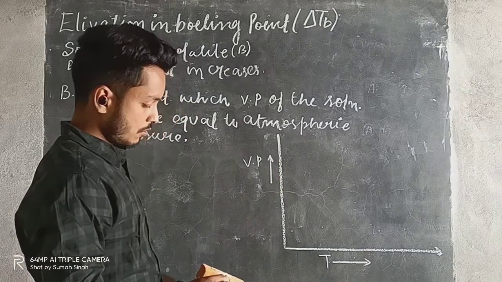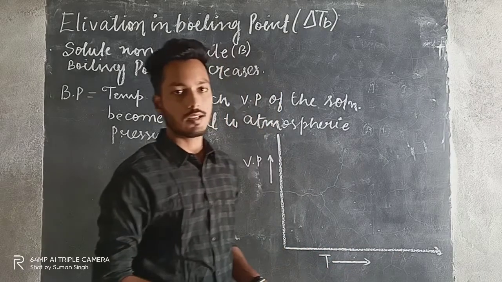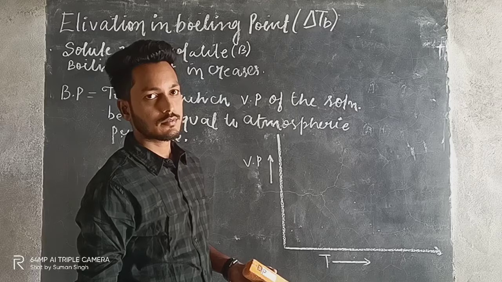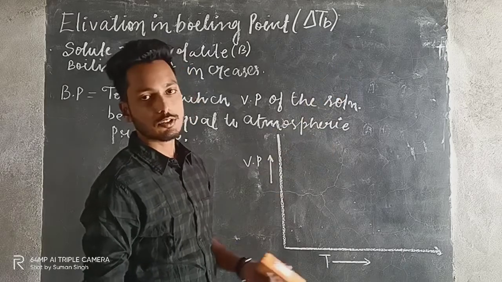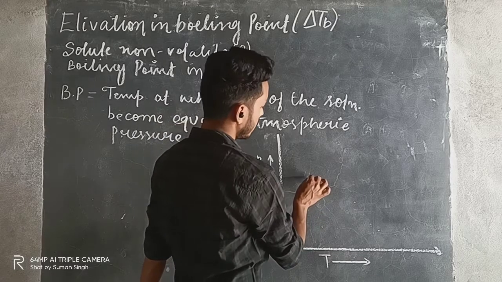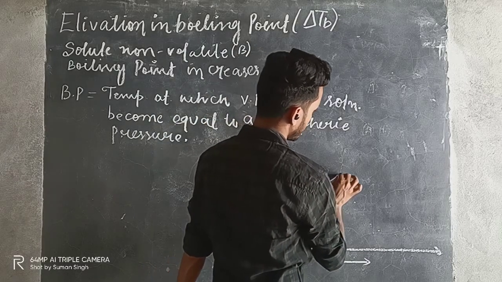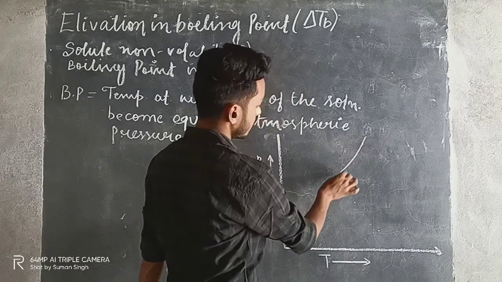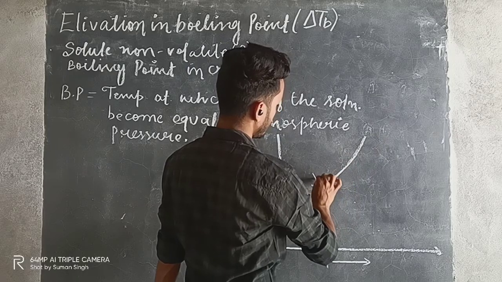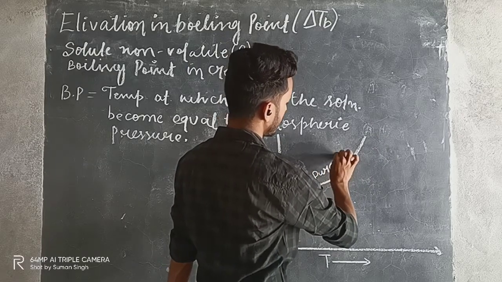When only the volatile solvent was present, a certain boiling point was there. Suppose this is the graph of the pure solvent.